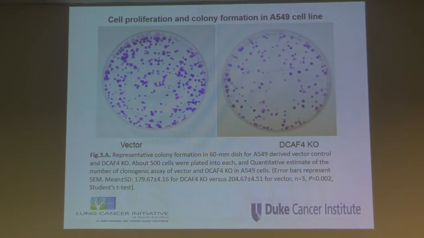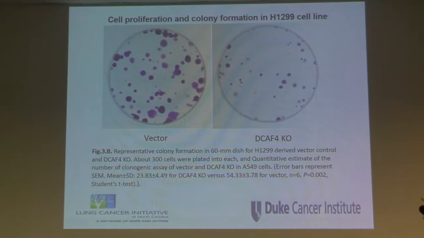The next image is actually a bit more stark. When you compare the control vector to the DCAF4 knockout, you can see the reduced ability for cells to grow and for colonies to form.